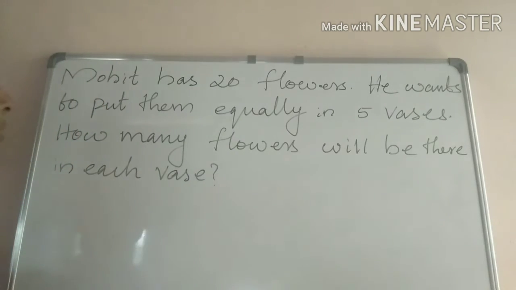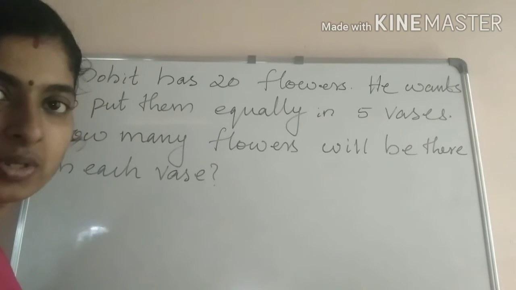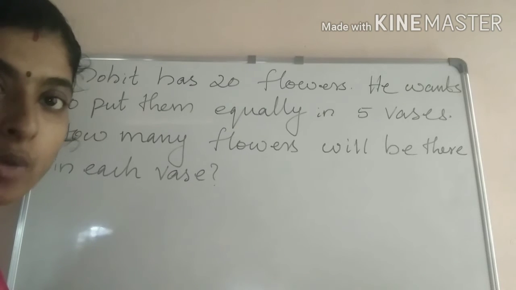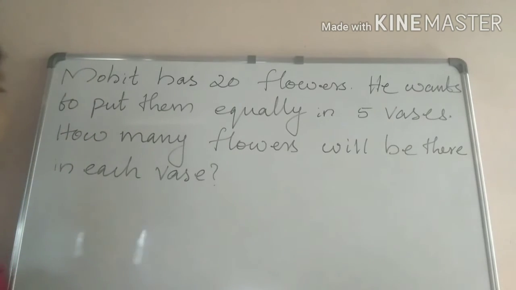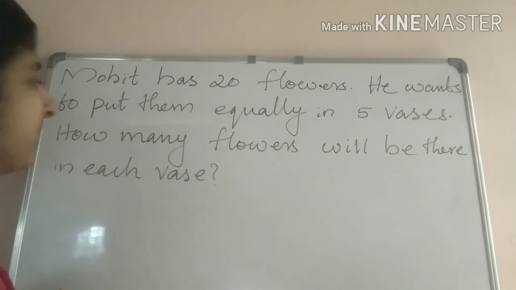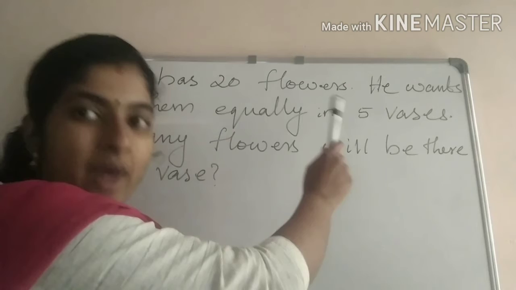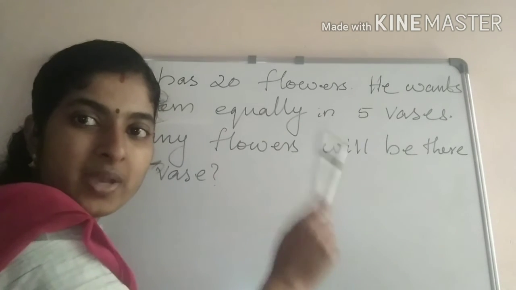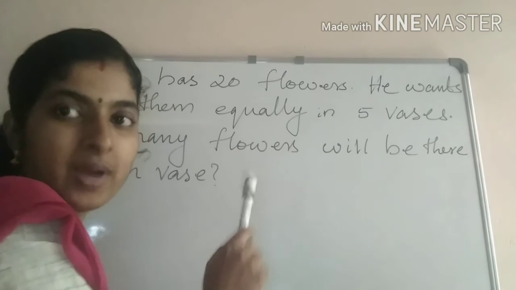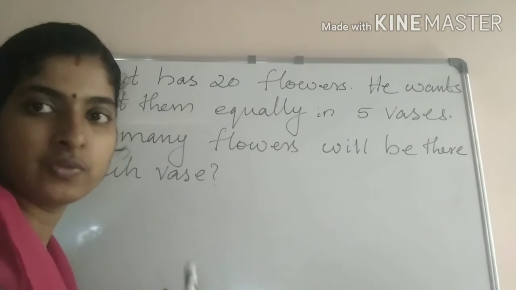He wants to put them equally in 5 vases. He wants to put them in how many vases? 5 vases. Then, how many flowers will be there in each vase? In each vase, one vase, how many flowers? That we have to find.